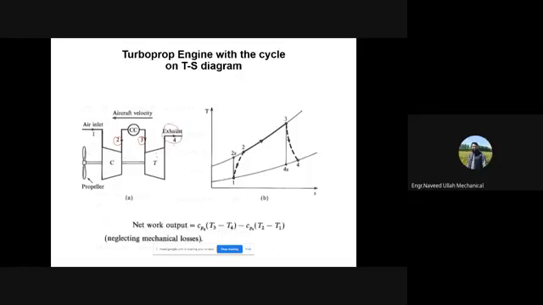The work is produced by this turbine, but instead of giving this exhaust to the nozzle, we are just throwing it into the atmosphere in an open cycle, and the propulsion, or the thrust, is produced by introducing the idea of having a propeller in front.